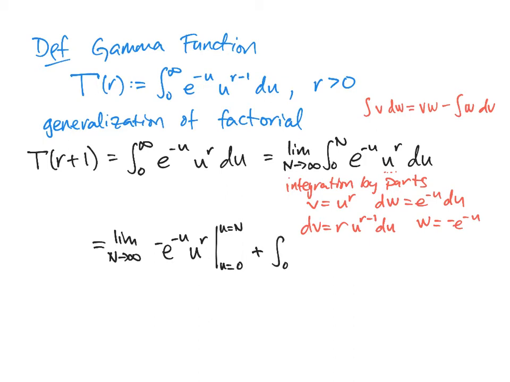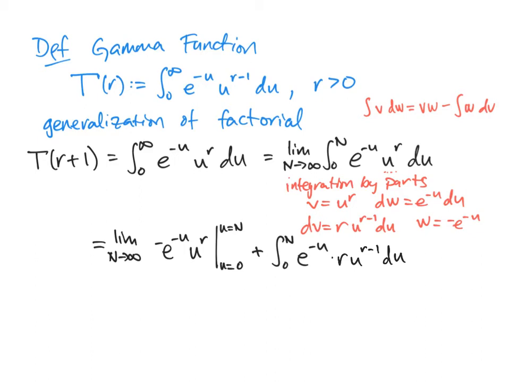We get the integral from 0 to n of w dv, so that's e to the negative u times r u to the r minus 1 du.